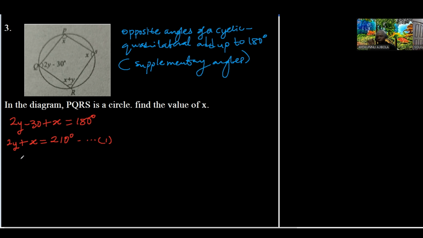Then the second one, I will say x plus x plus y is also 180 degrees. So here I have 2x plus y equals 180 degrees, and this is equation 2. So I will now solve the simultaneous equation, okay?